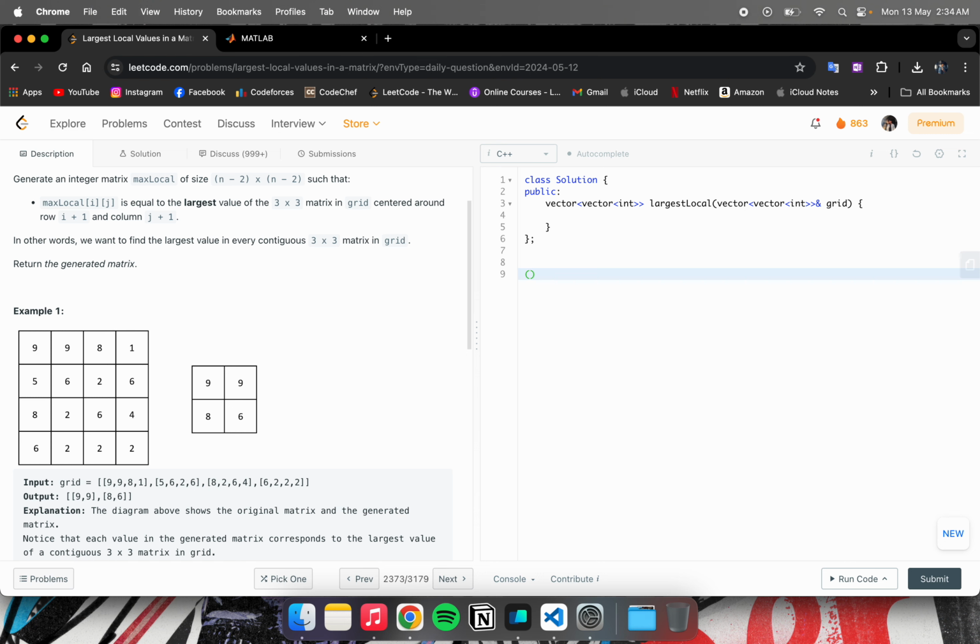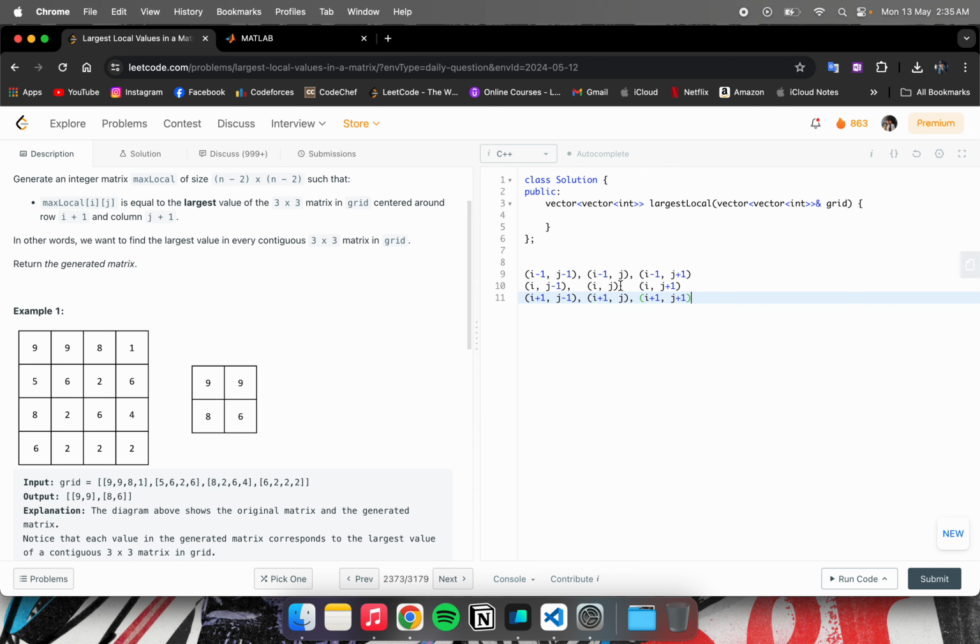If I create the whole 3 cross 3 matrix, it will be i minus 1 j minus 1, i minus 1 j, i minus 1 j plus 1, then i j minus 1, i j, i j plus 1, and the last row being i plus 1 j minus 1, i plus 1 j, and i plus 1 j plus 1. So as you can see, the center of the matrix is i comma j.